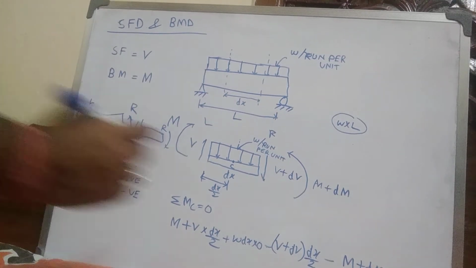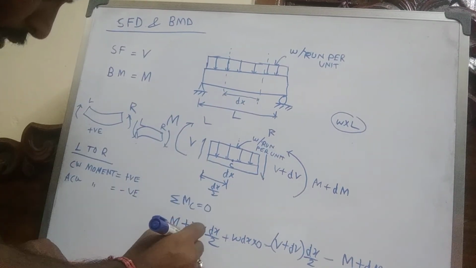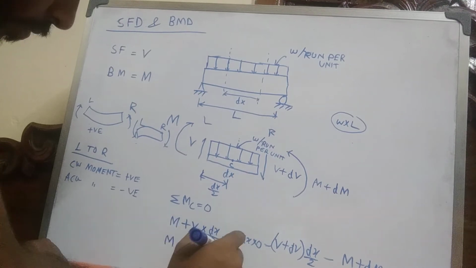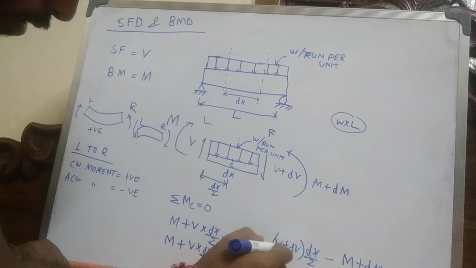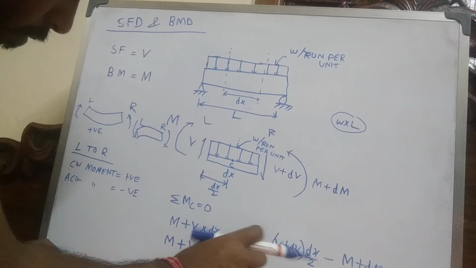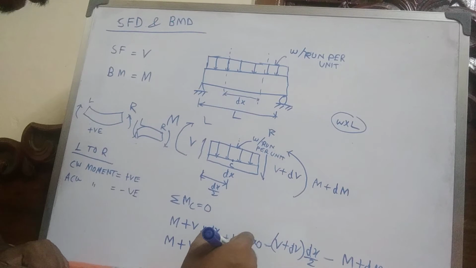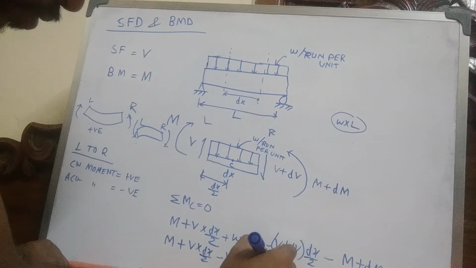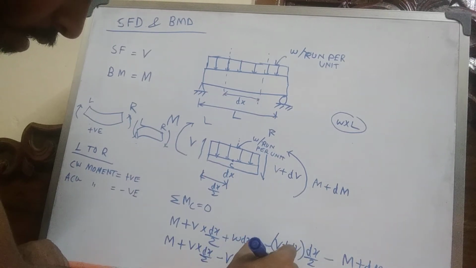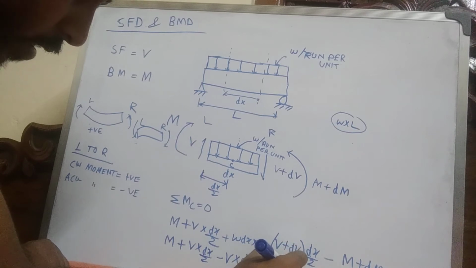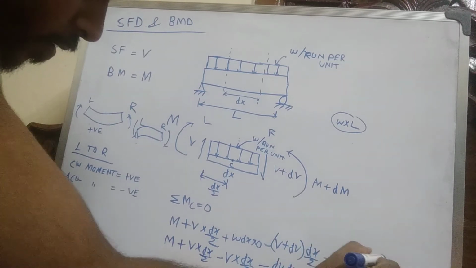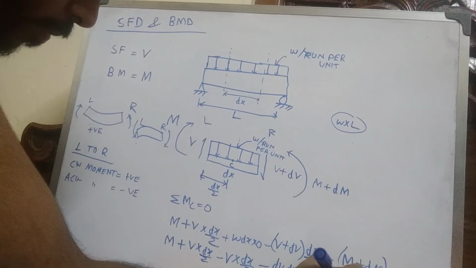Now calculate: M plus V into dx by 2, plus the W term times 0, minus V into dx by 2, minus dV into dx by 2, minus M, minus dM equals 0.